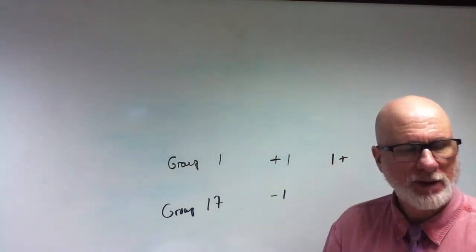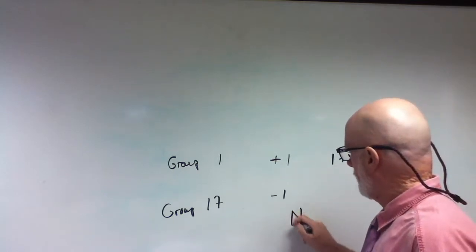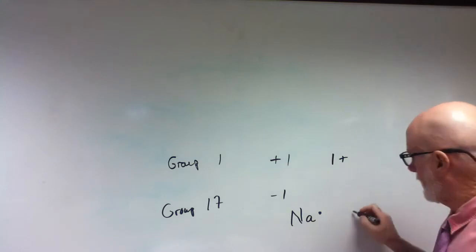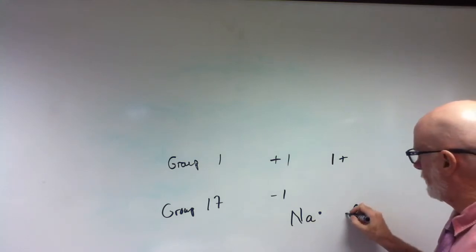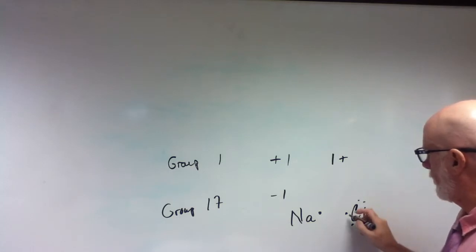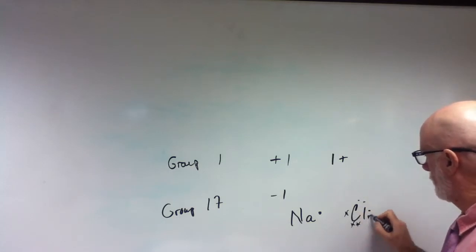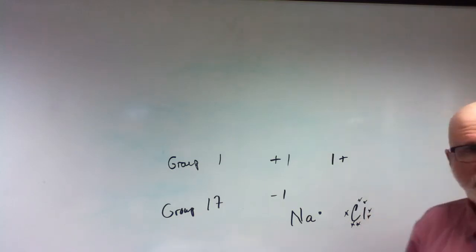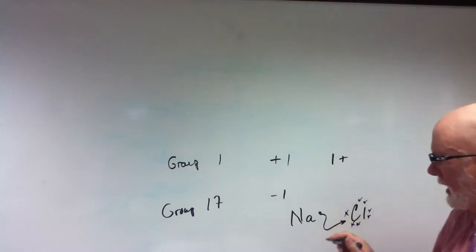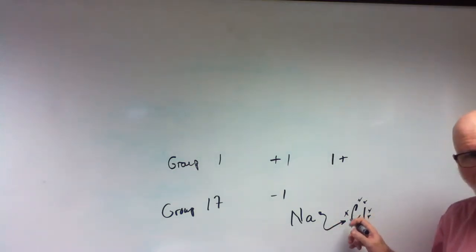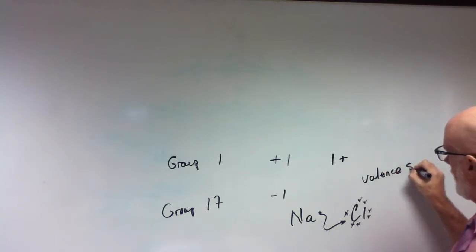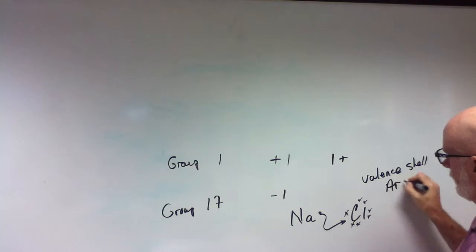Yes? Okay. So you have sodium with 1 electron, that's a Lewis dot diagram, and then you have chlorine with 7, or we'll make those look different, right? And then this goes here, and chlorine ends up with a valence shell like argon, correct?